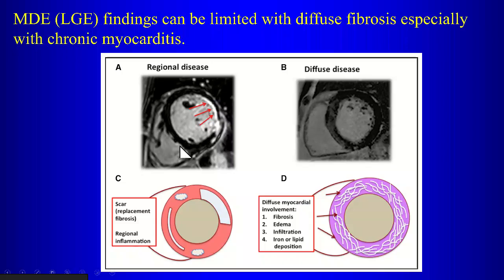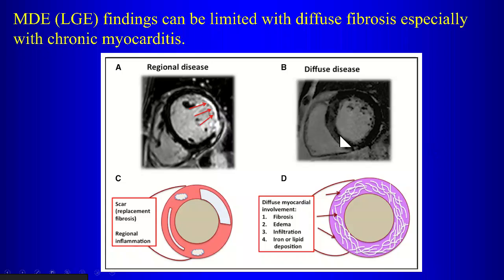The problem is, in these cases of non-ischemic cardiomyopathy, these patients have diffuse abnormalities of the myocardium. They can have diffuse fibrosis of the myocardium, and then, when we try to suppress the signal from the myocardium, we wind up suppressing it. And so we don't see it as delayed enhancement.